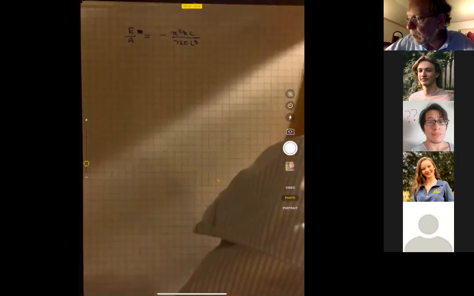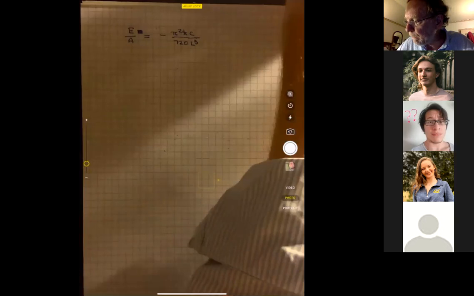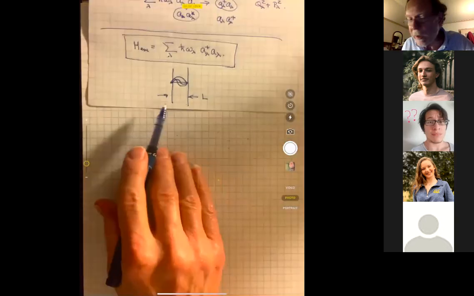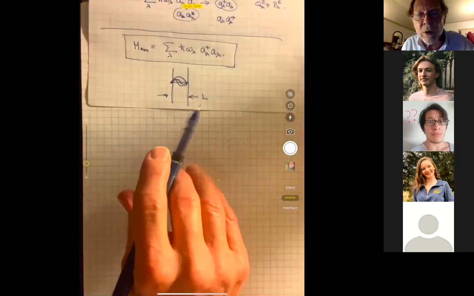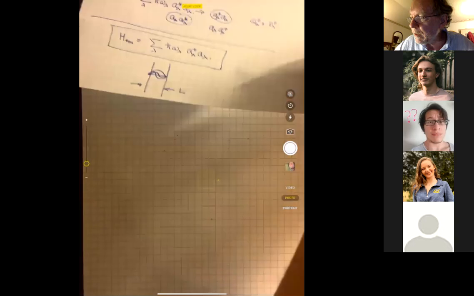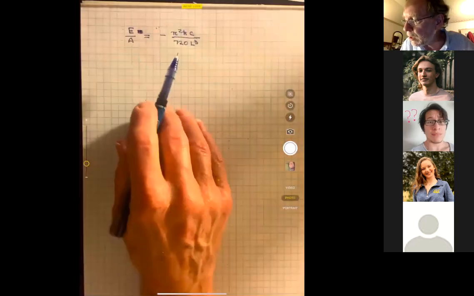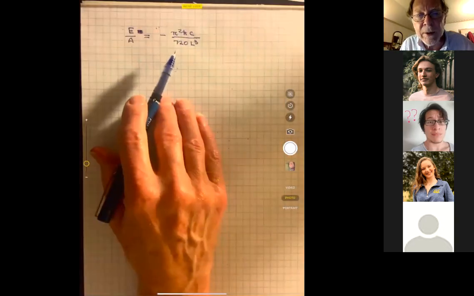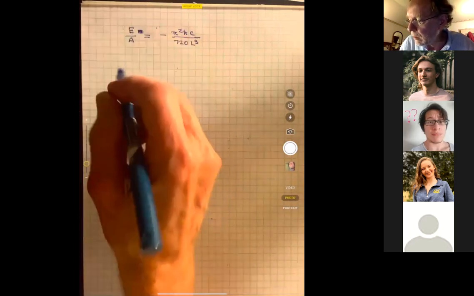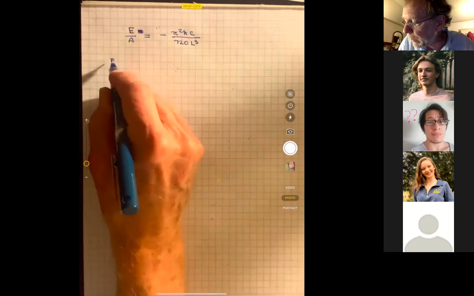And so what that means is that if you were to vary the distance between the capacitor plates, you need to do work in order to make up for the difference in the zero-point energies between the different configurations. And so that in turn implies that doing work means that there's a force that's required to move the plates. And this in turn means that there's a force between the plates. Well, it's actually a force per unit area, to be more precise.